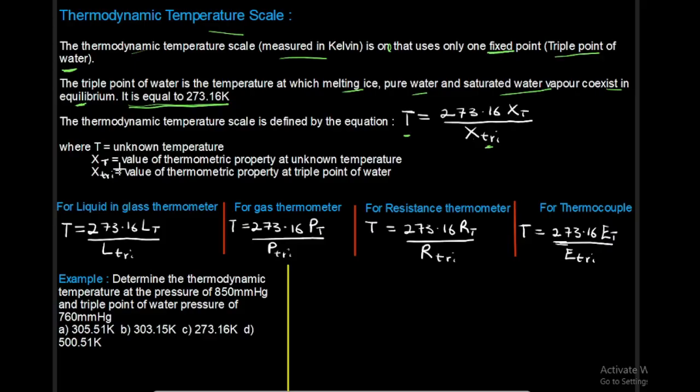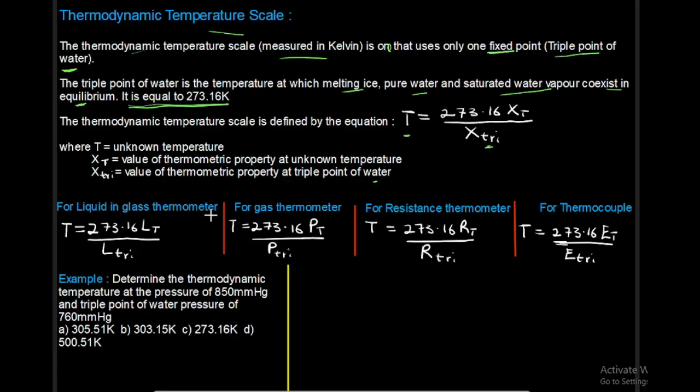T is the unknown temperature, Xt is the value of the thermometric property at the unknown temperature, and Xtri is the value of the thermometric property at the triple point of water.